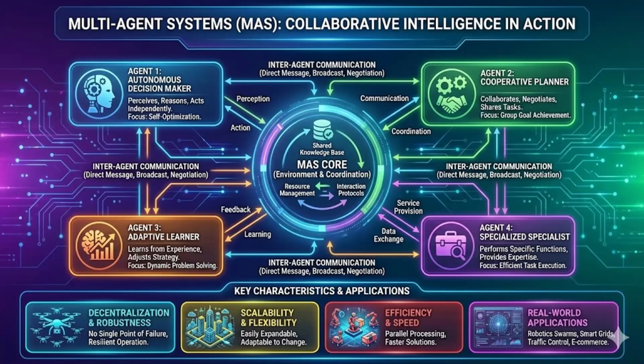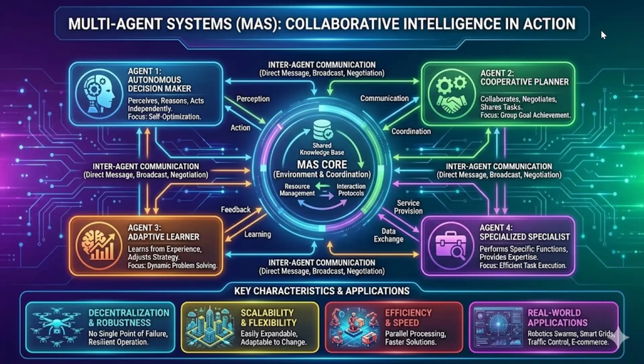So we have so many agents. Here, agent 1 is an autonomous decision maker and self-optimizer. The second one will collaborate, negotiate and share the tasks, with a group goal achievement.